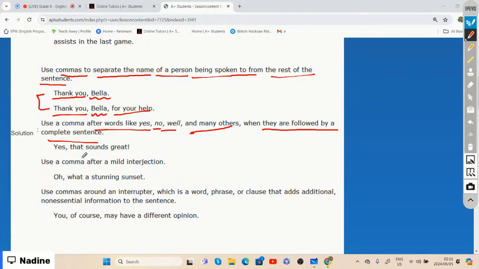For example, we say, "Yes, that sounds great." That is a complete sentence, which is why we separate yes from the rest of the sentence with a comma.